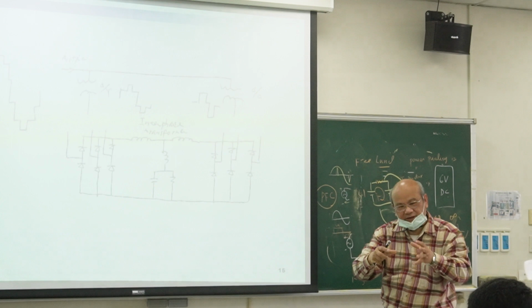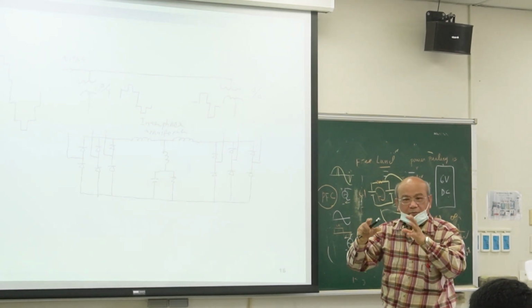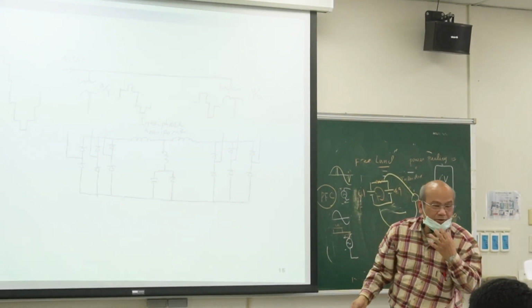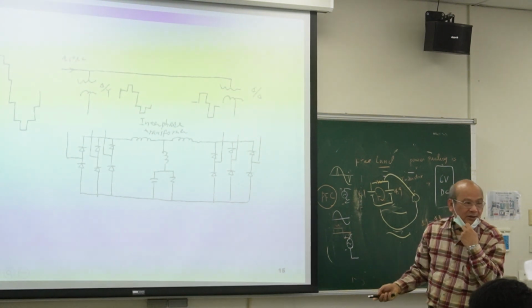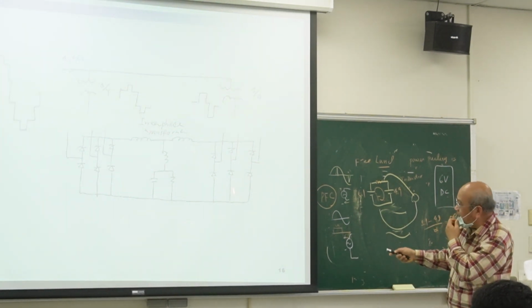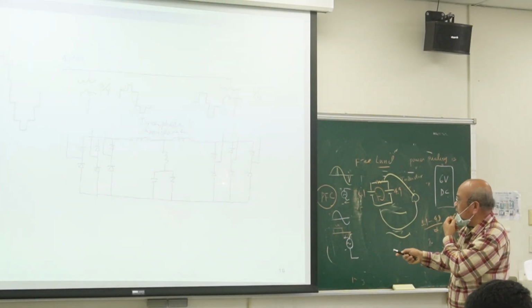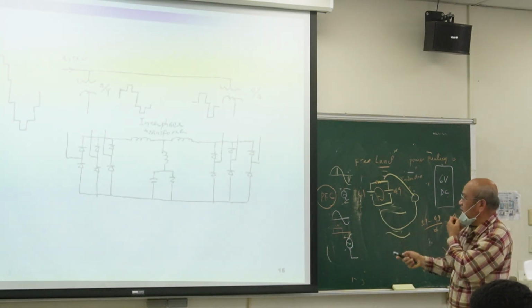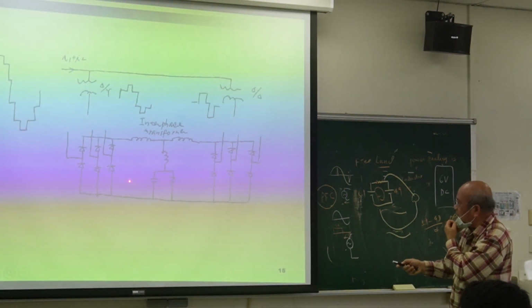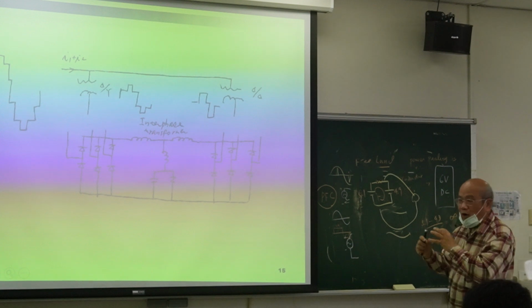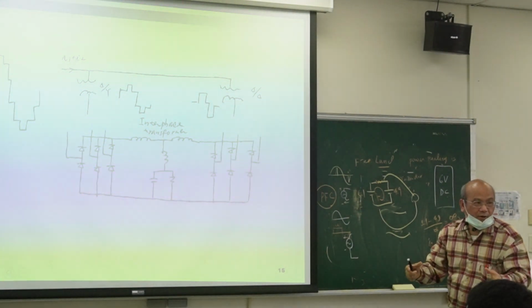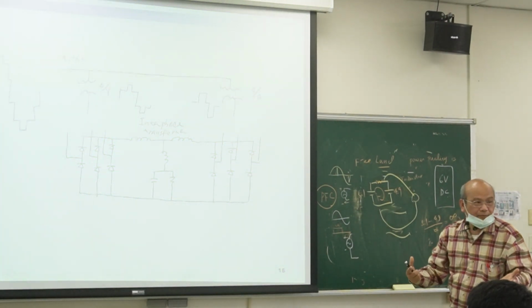Then your property is equal to your brother's property, right? Because you have a common bank. So now we put a huge bank, and if you need a load, you just supply the load. Then we can guarantee this one and this one are almost equal. Then no problem.